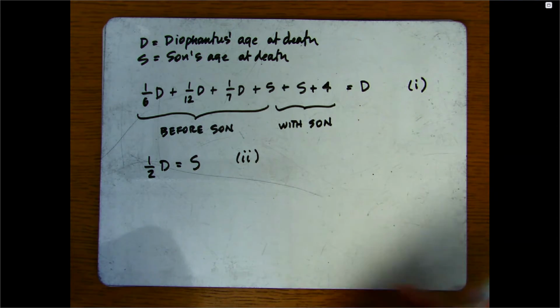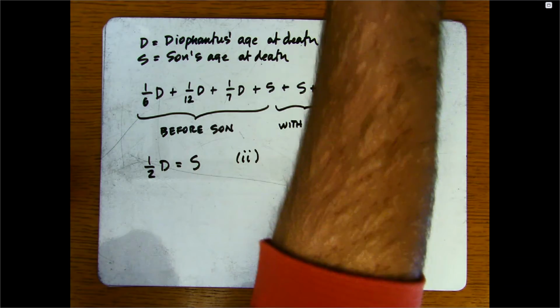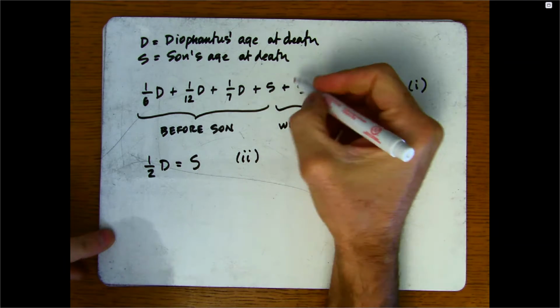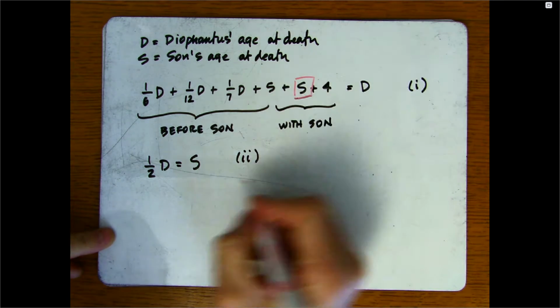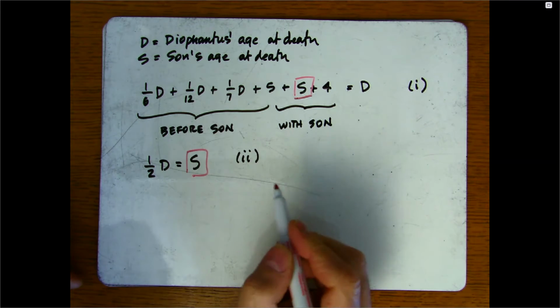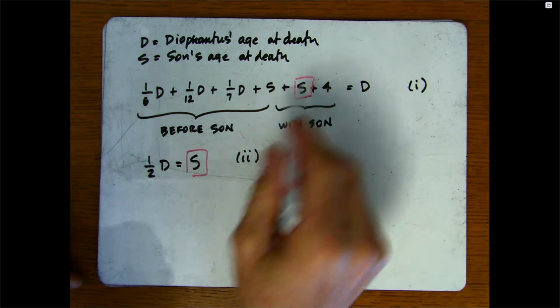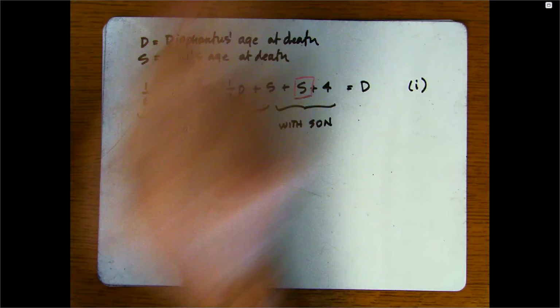I think the easy way to go here would be to just substitute in for S what we know S to be. So 1/2 D in for S up there would probably work nicely.